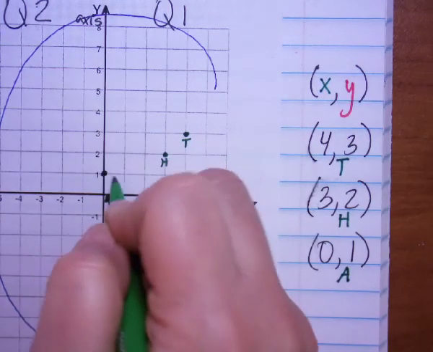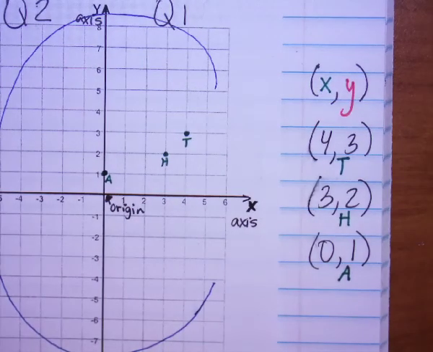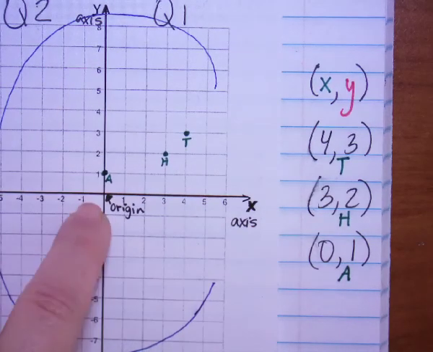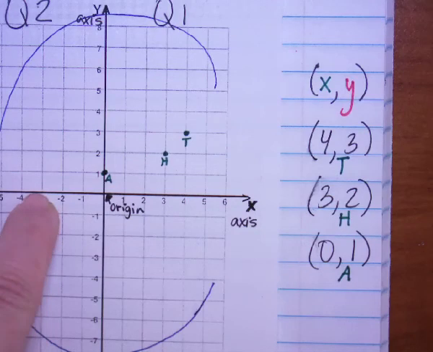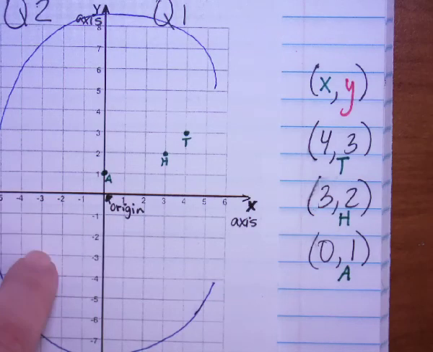So we didn't go over at all. That's okay. You can also go over -3, which would just mean you go backwards. And if you went -3, -3, you would go backwards 3 and down 3. It's really fun.